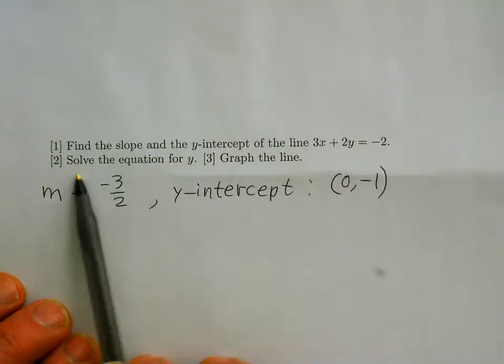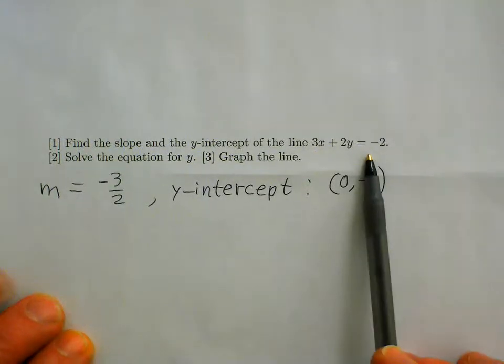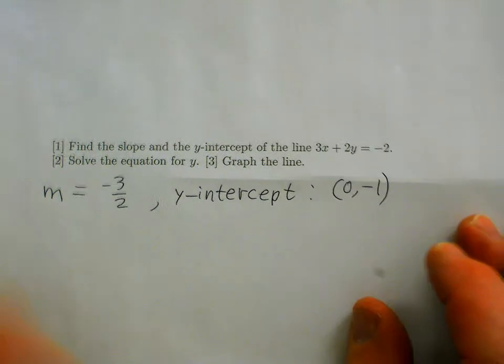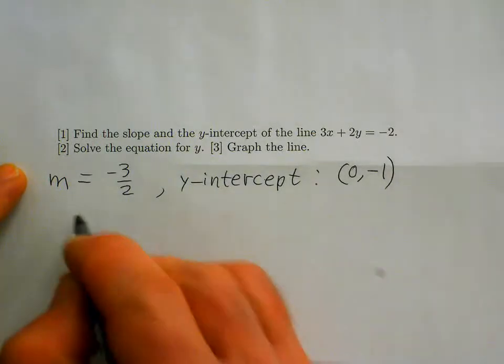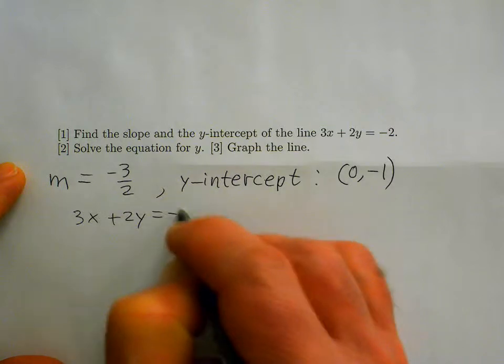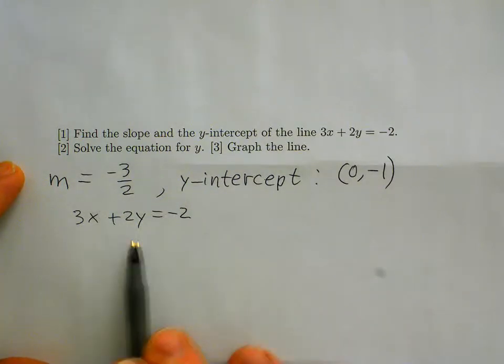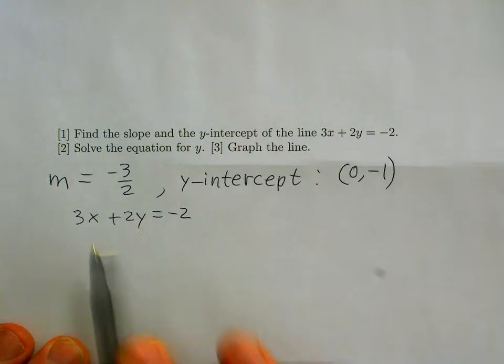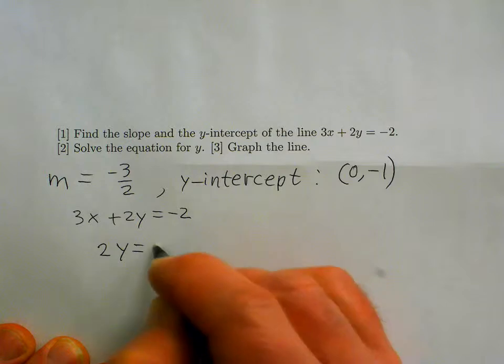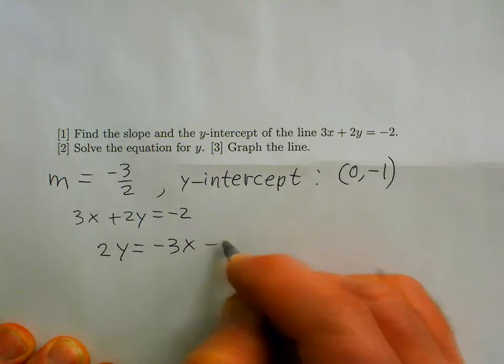Okay, but now let's solve this equation for y. So I'll rewrite the equation, 3x plus 2y equals negative 2, and solve for y. So first subtract 3x from both sides, and we get 2y equals negative 3x minus 2.